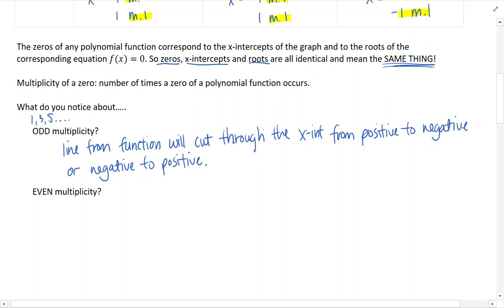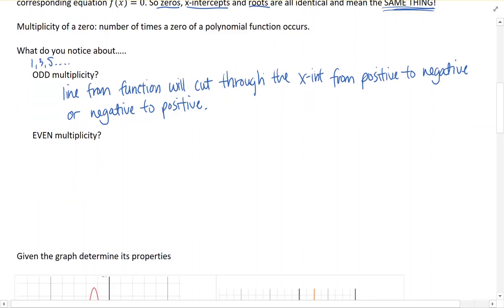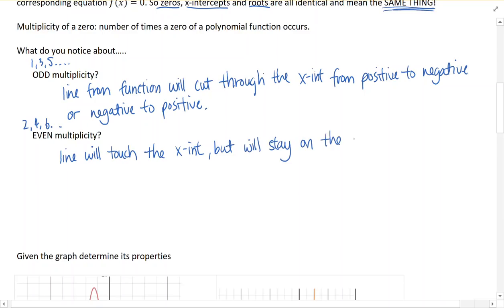Now, the even multiplicities, the only example that we're seeing here is just 2. The line will touch the x-intercept, but will stay on the same side.